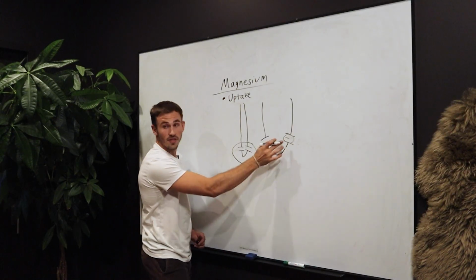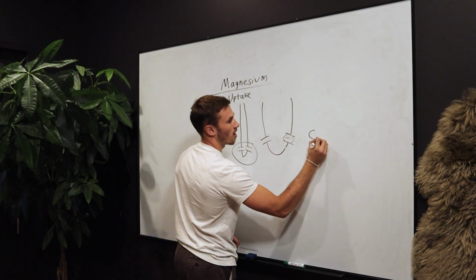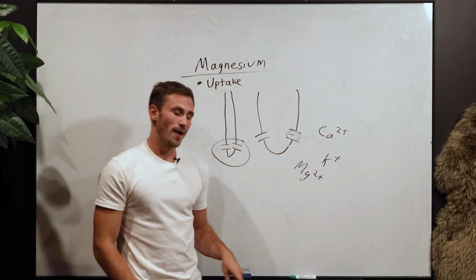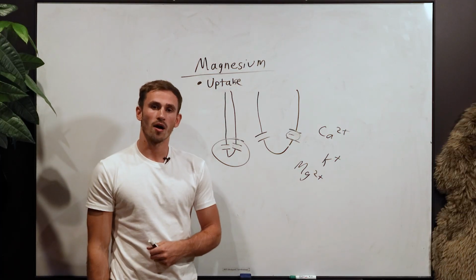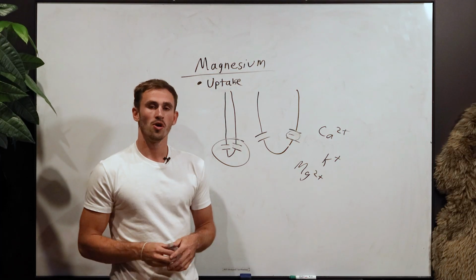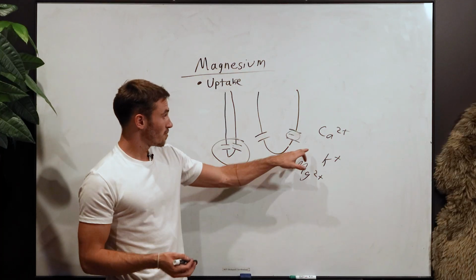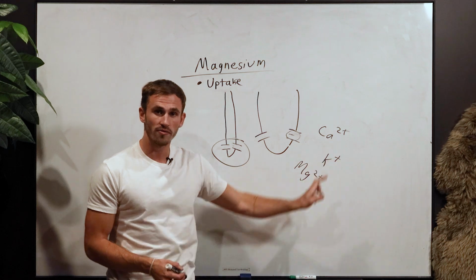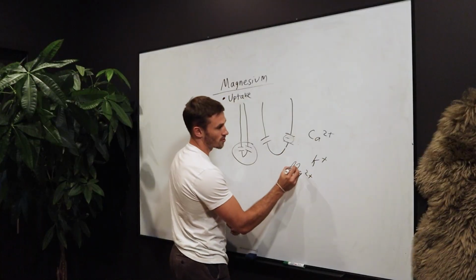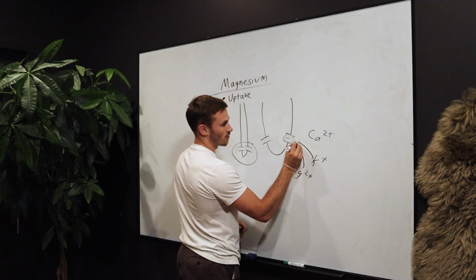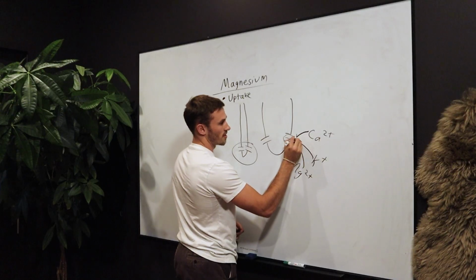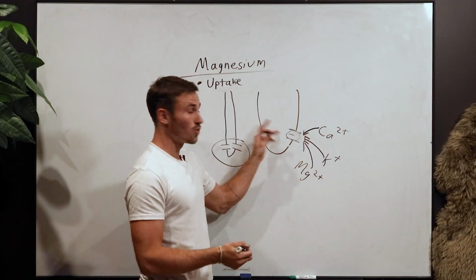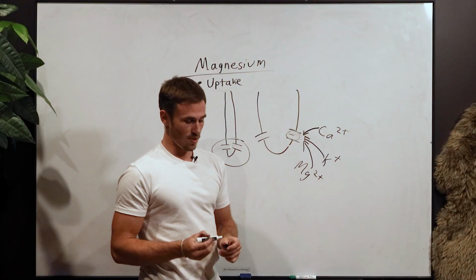And on the outside of this cell, we have a lot of positives. And what happens if you take two magnets, one negative and one positive, and you put them next to each other? We get this electrochemical gradient. So because this is negative, it's going to attract all of these cations into the roots. So these guys are all attracted to this negative charge. And that's how we get all of our cations into our roots to then be taken up the plant.